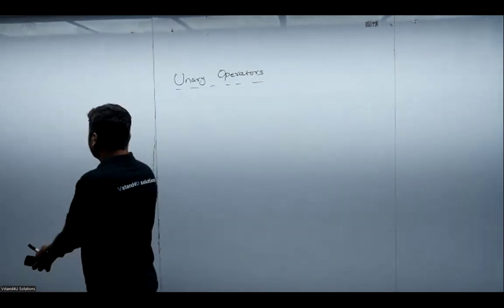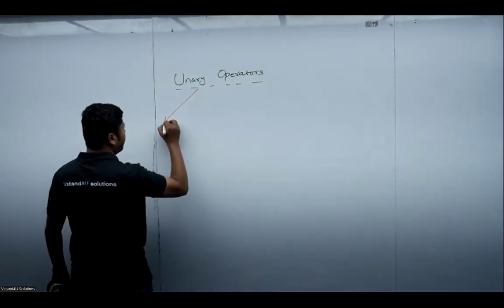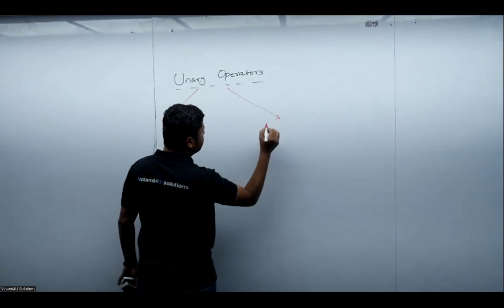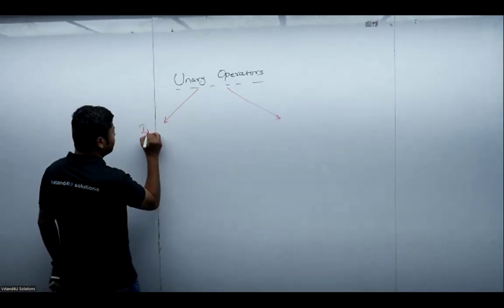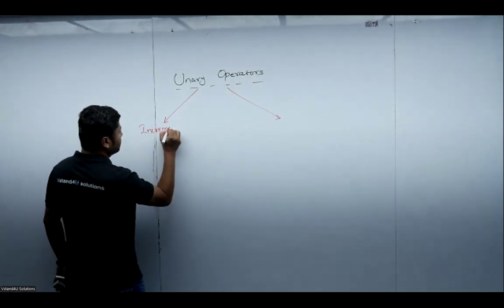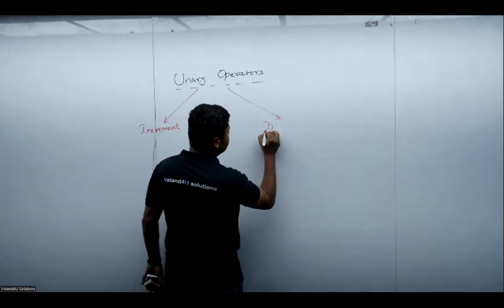Perfect. Let's get started. Operators are broadly of two types: increment and decrement.